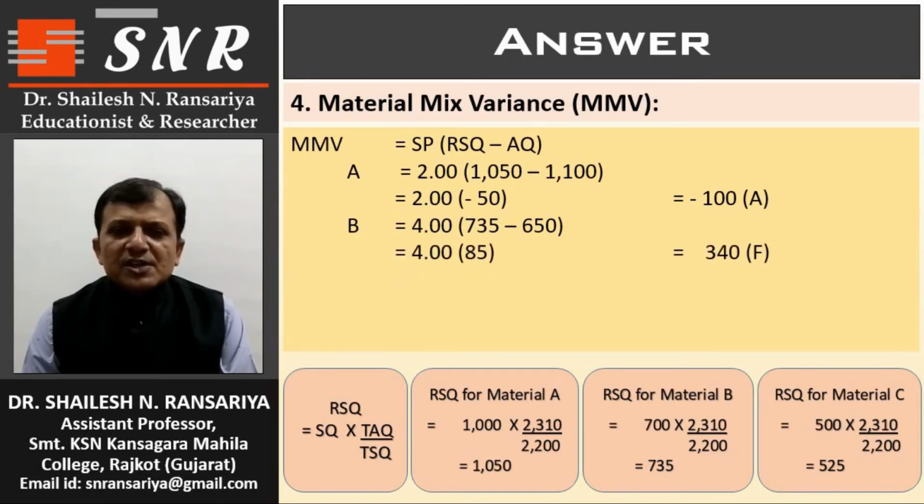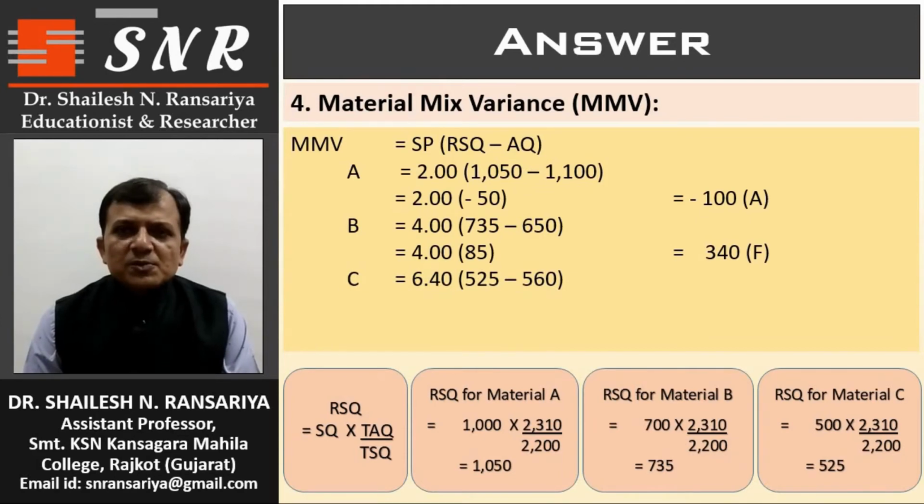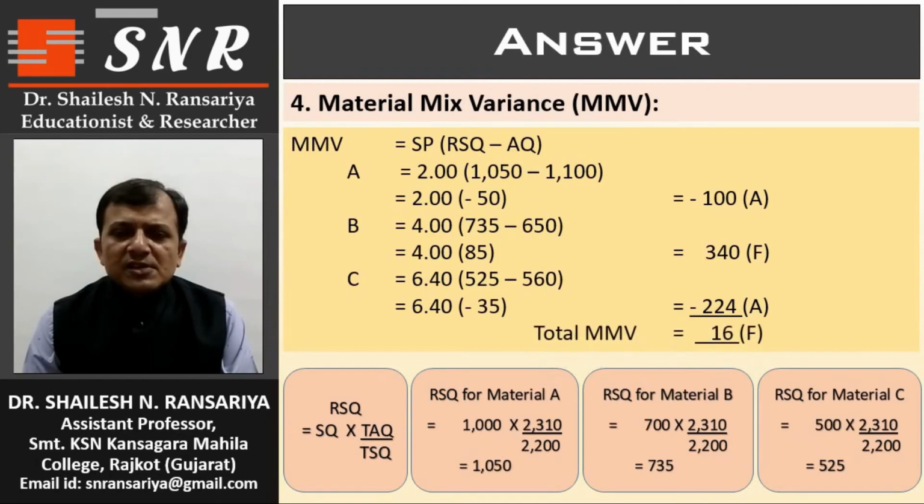So it is 340 favorable. And for C, SP 6.4 into bracket 525 minus 560. So 6.4 multiply minus 35. So it is minus 224 adverse. Total material mix variance 16 favorable.